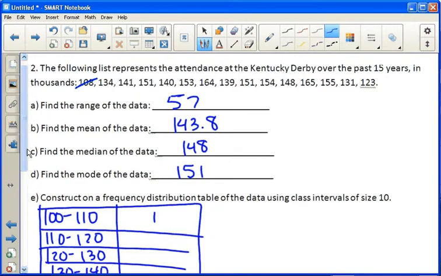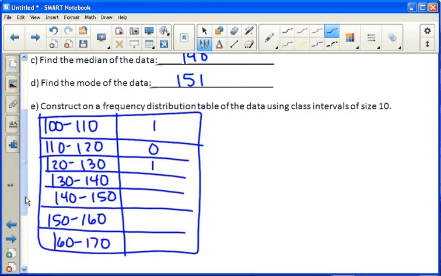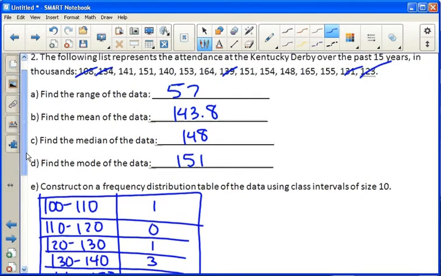Next will be 120 to 130. So let's see, 120 to 130. Appears there are also just one of those, the 123. Next, 130 to 140. That's 1, 2, 3. If you notice, there is a 140, but it doesn't go with that group. It goes in the 140 to 150. The smaller one stays in the group, the bigger one does not.